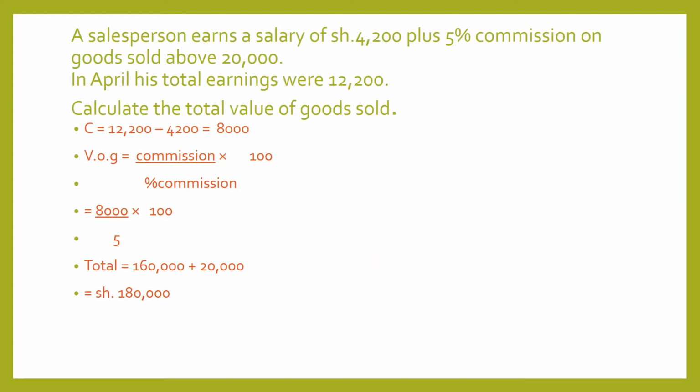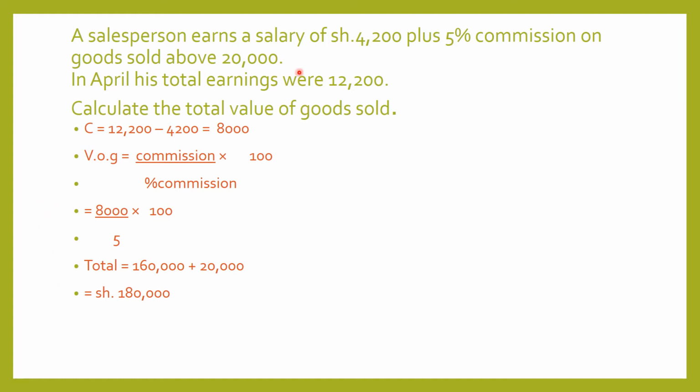So the first example: a salesperson earns a salary of 4,200 plus 5% commission on goods sold above 20,000. In April, his total earnings were 12,200. Calculate the total value of goods sold. When you have this question, you need to understand the following.